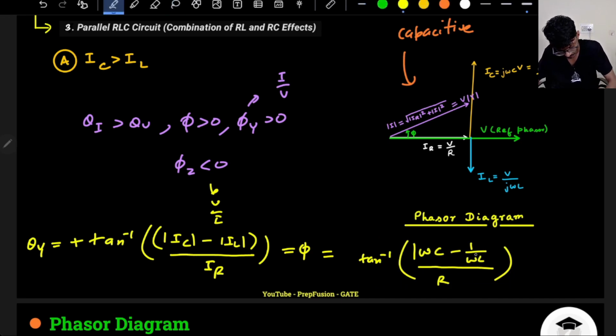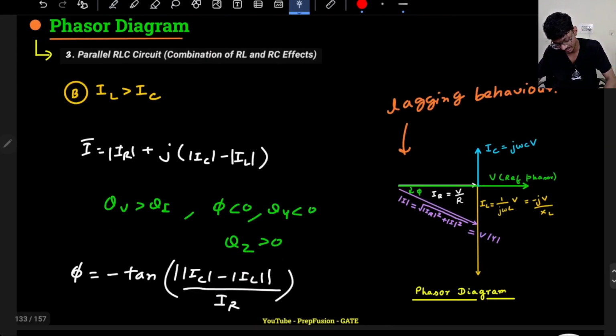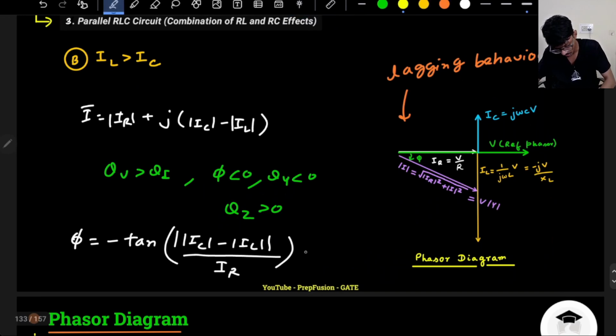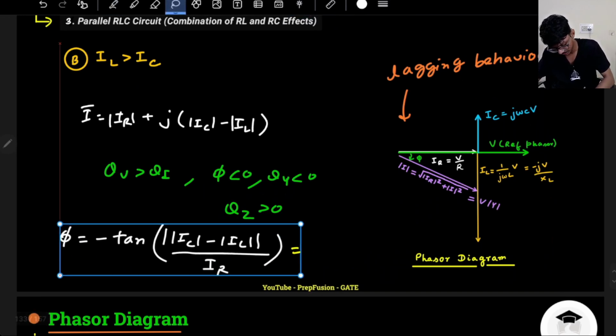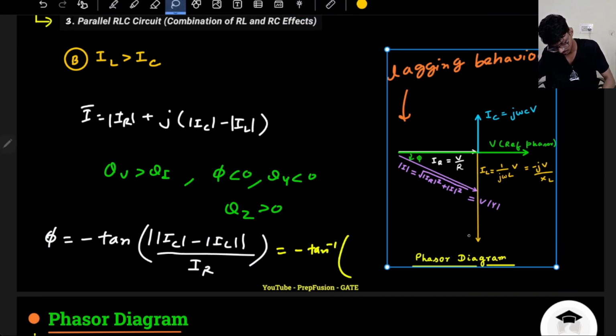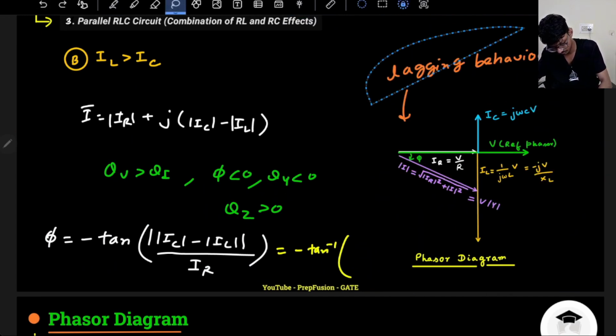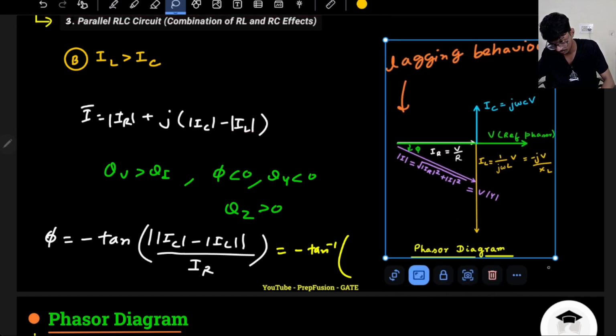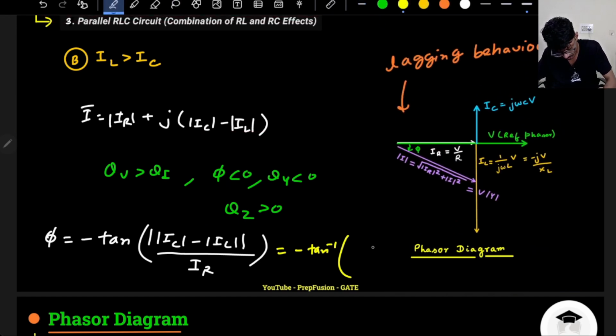Let me take the absolute value, otherwise you will have some confusion here. This is always positive, no matter what. So I'm getting a positive angle here as well. Same thing will happen. You can write this as minus tan inverse, same thing, omega. I don't have enough space here.